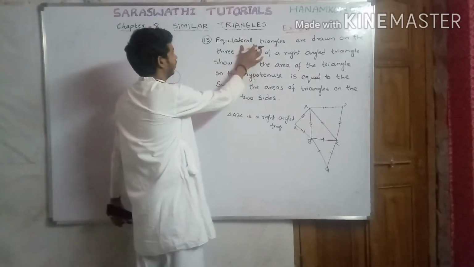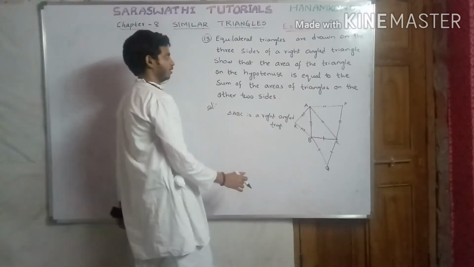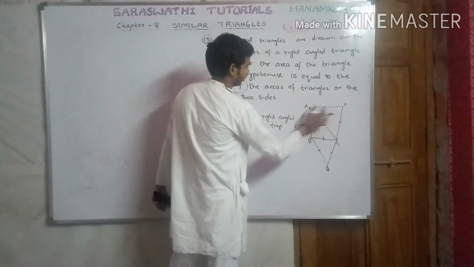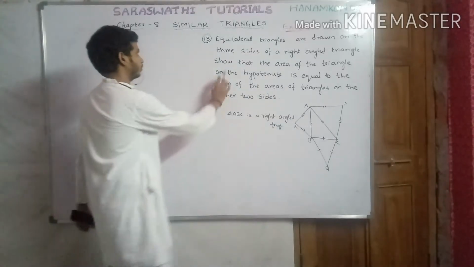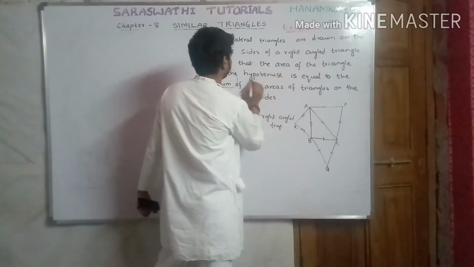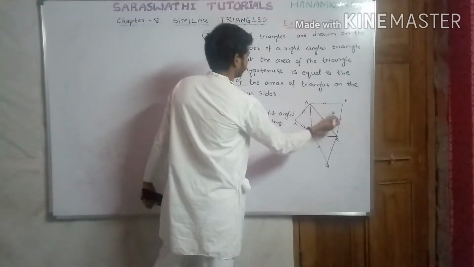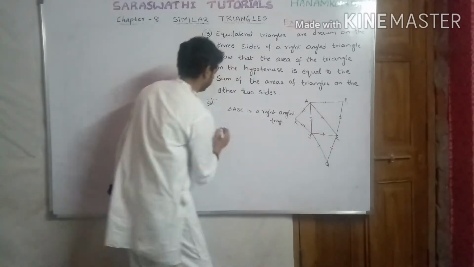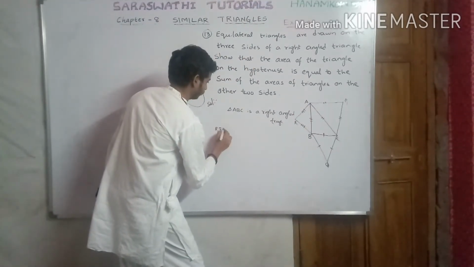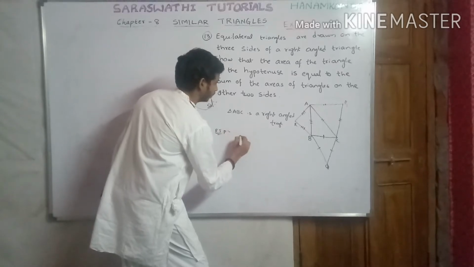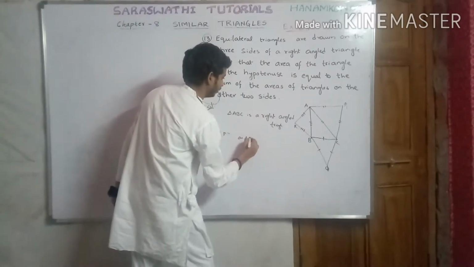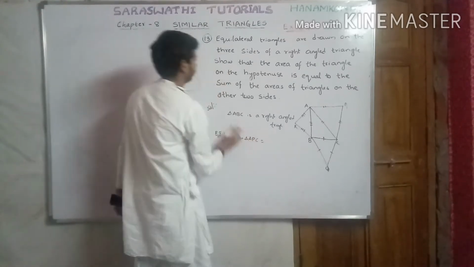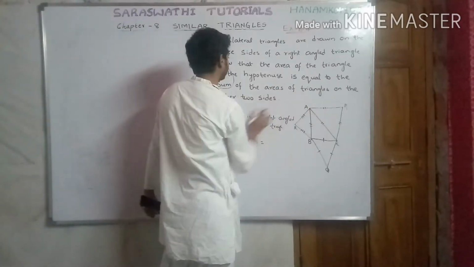So three equilateral triangles are drawn on the three sides of a right angle triangle. We have to show that the area of the triangle on the hypotenuse, that means area of triangle APC, equal to the sum of areas of triangles on the other two sides.